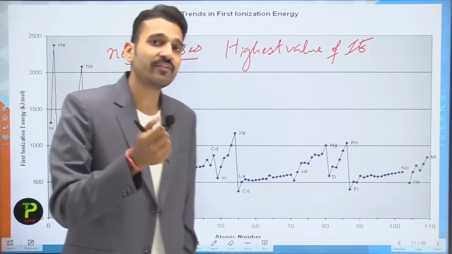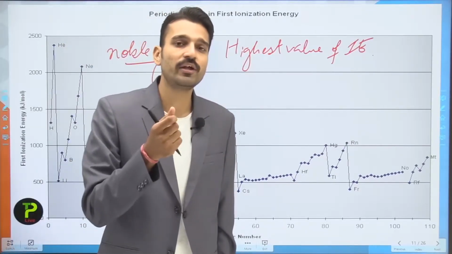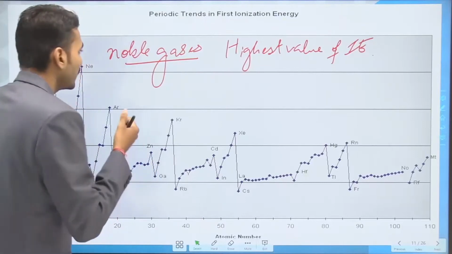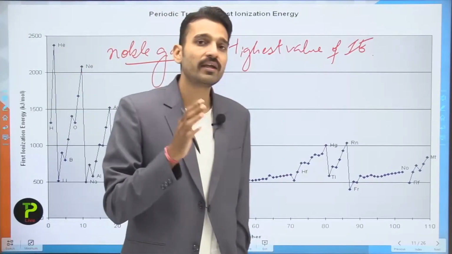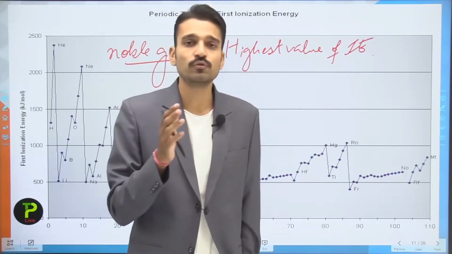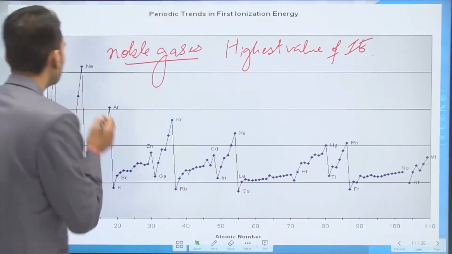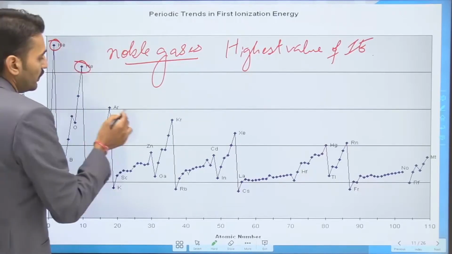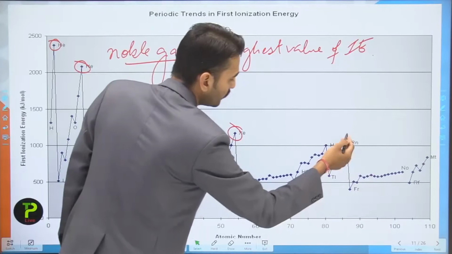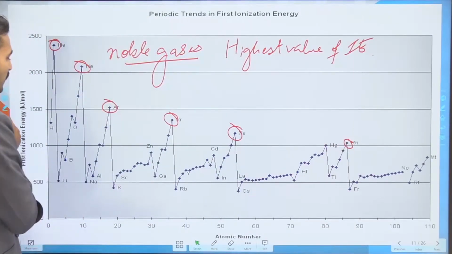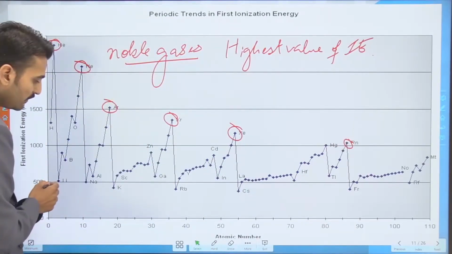Because they have a very stable electronic configuration, they are stable in nature. They do not want their electrons or electronic configurations to be disturbed. So the value for the noble gases is very much higher.